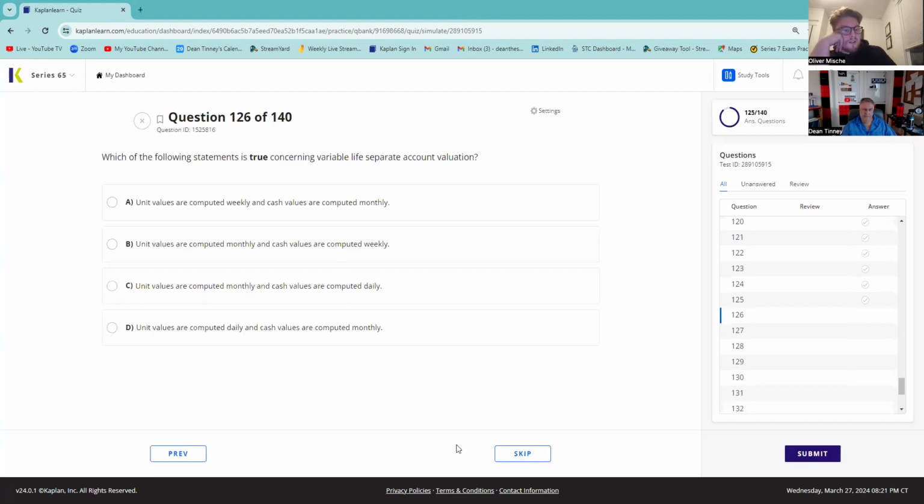So, which of the following statements is true concerning variable life separate account evaluation? You're going to get, I told you maybe a couple insurance questions, not a whole lot, but they're there. Unit values, there could be monthly cash flows, there could be weekly.